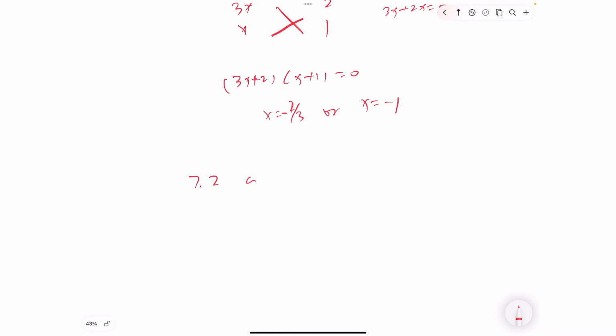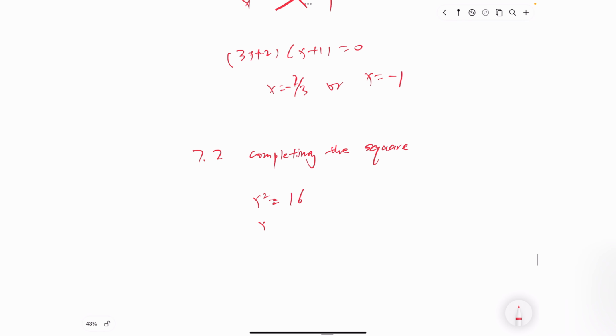7.2 is about completing the square. Let's say x squared equals 16, so we can do x squared minus 16 equals 0, x minus 4, x plus 4 equals 0, x equals 4, or x equals negative 4.